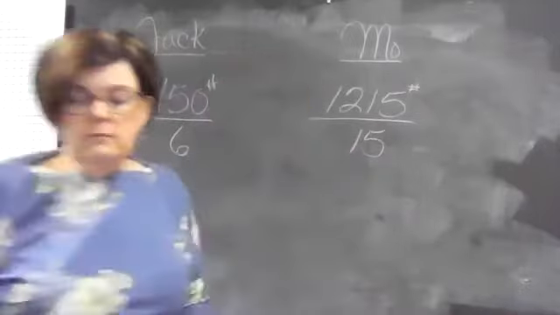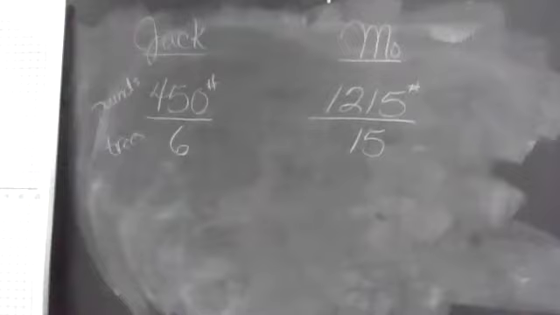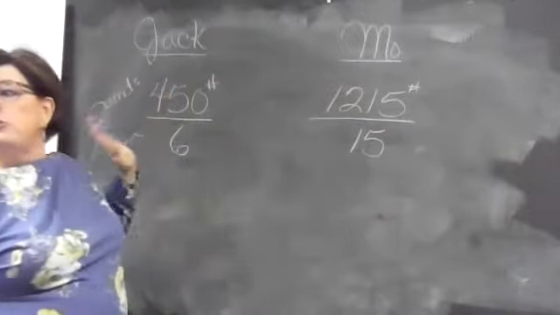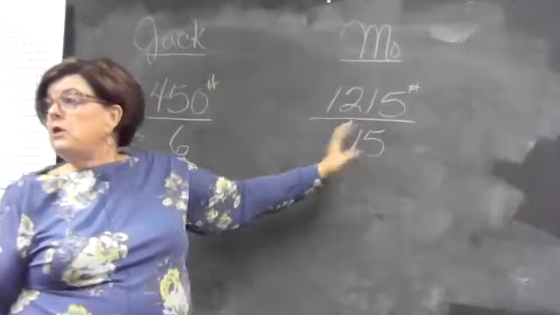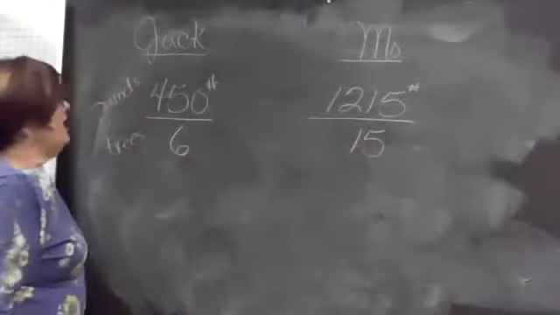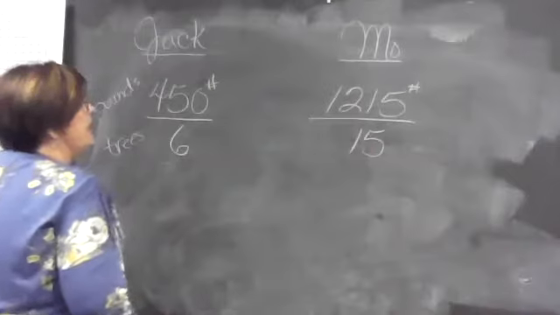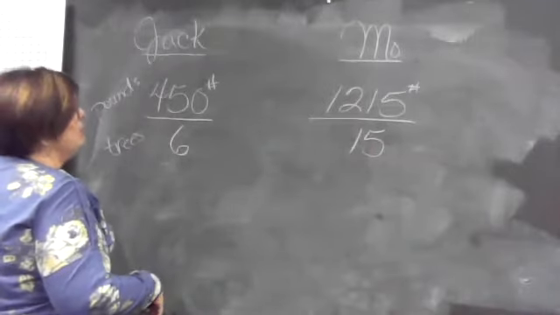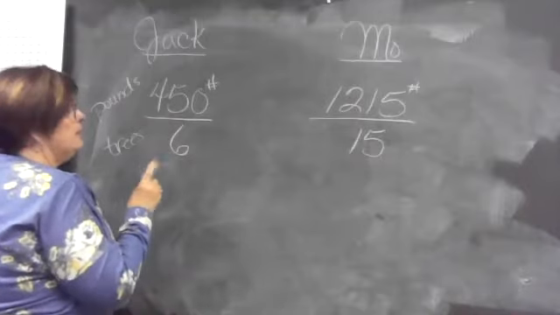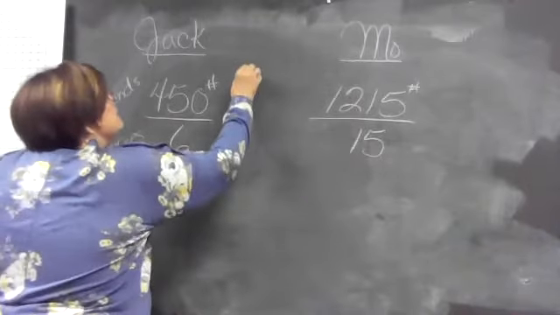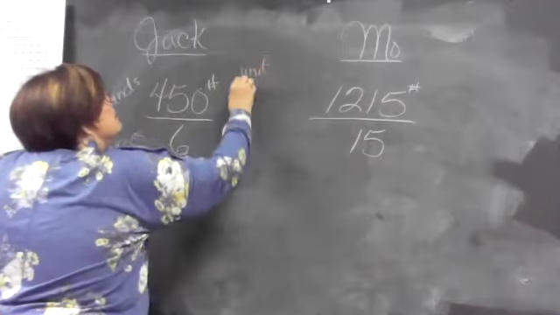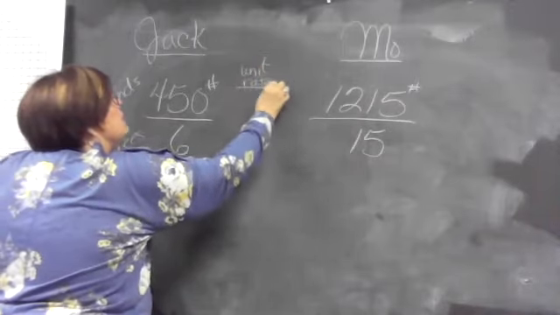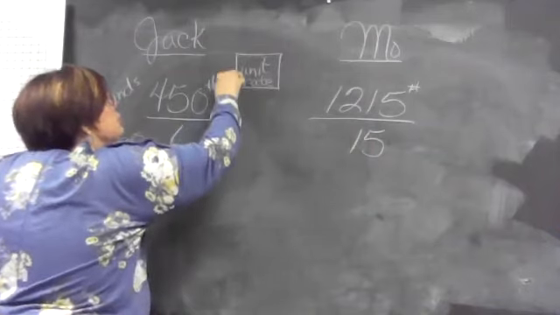When you look at this, it's hard to compare who had a better yield or who had more oranges per tree. It's hard to tell. That's why we need to have a common denominator. In this case, we want to have one. We want the unit rate. Now it said per tree.